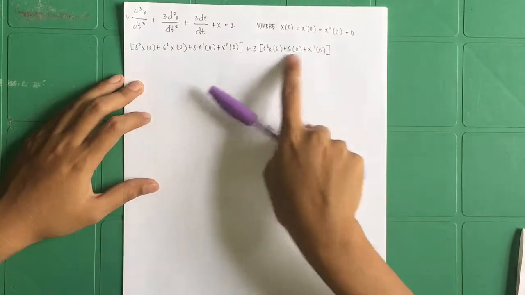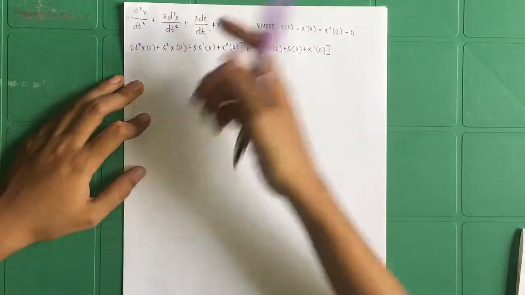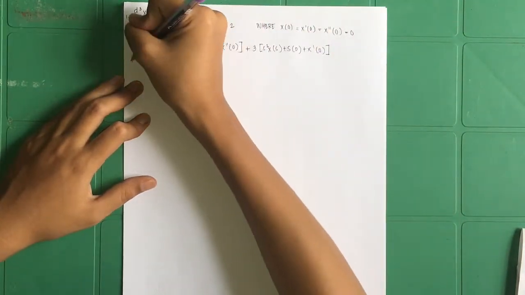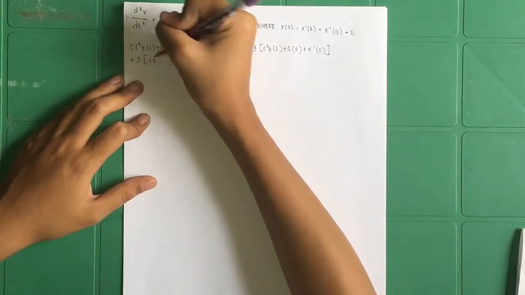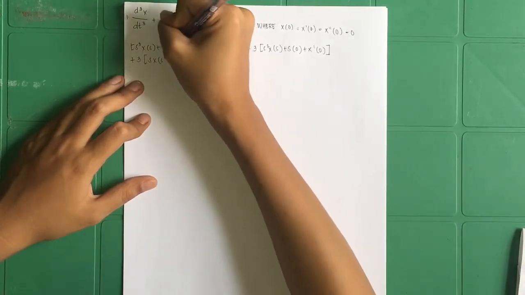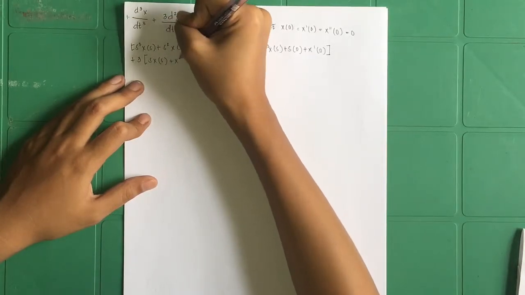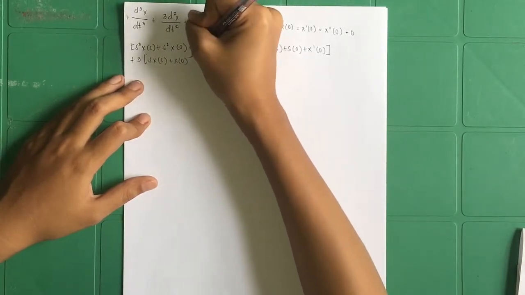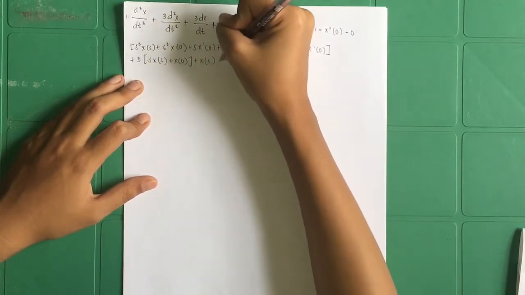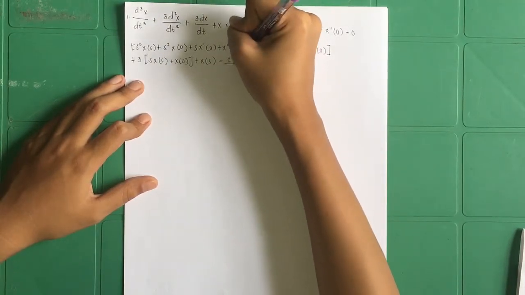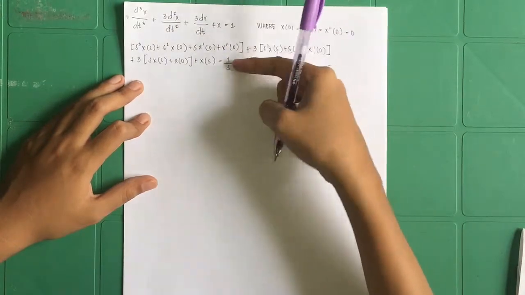The Laplace transform for the second one, plus 3 again on the outside. Laplace transform of x is equal to 2 over s because of this.